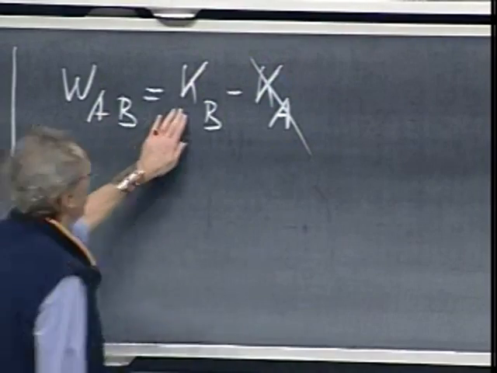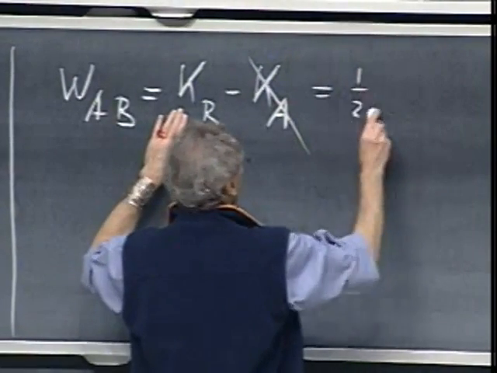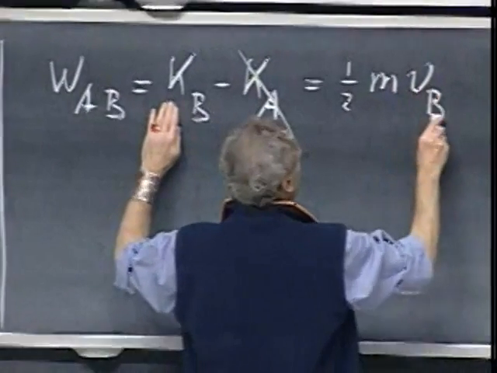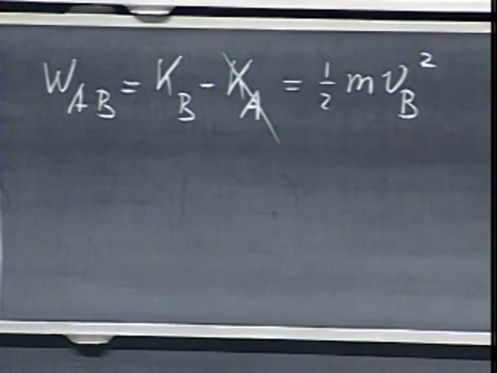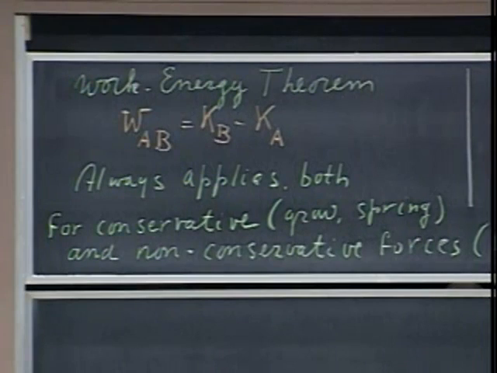And so the kinetic energy at B is clearly 1/2 m VB squared. So it comes down to applying the work energy theorem and calculating how much work was done by all the forces at stake, conservative and non-conservative, makes no difference, and putting it equal to 1/2 m VB squared.